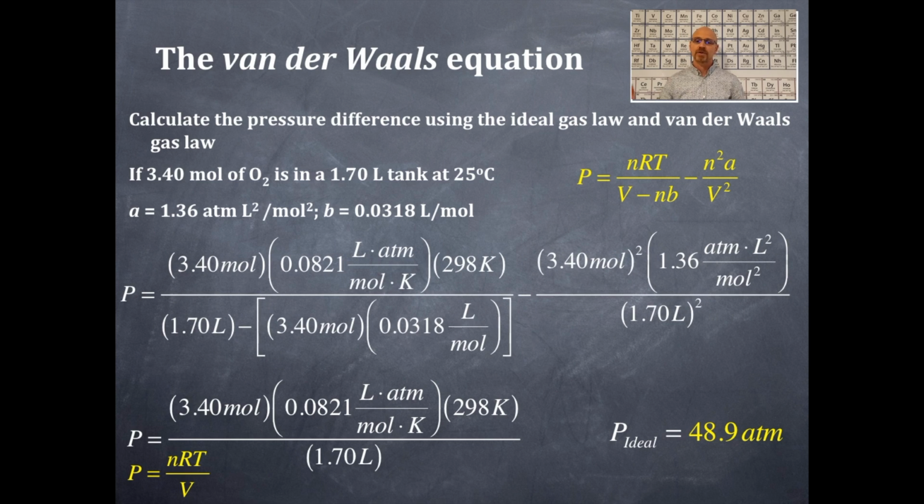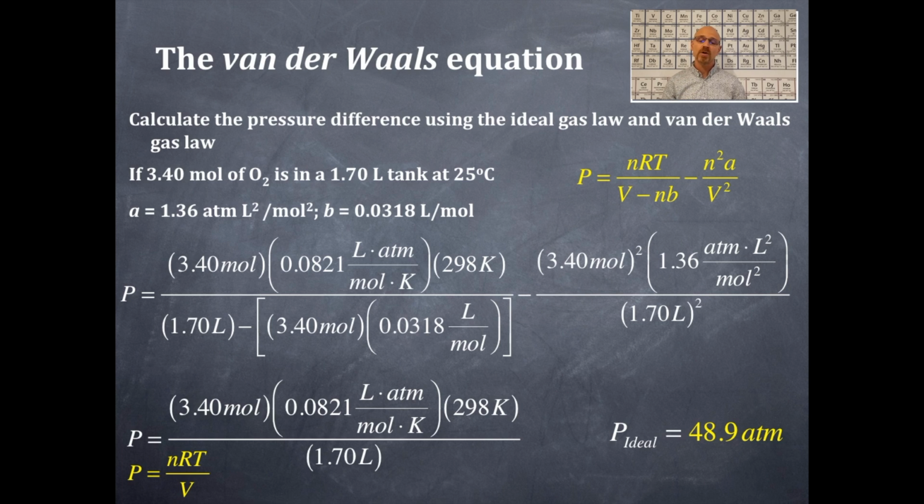On the left-hand side, you should see n, the number of moles, 3.40. I've got the gas constant, 0.0821 liters atmospheres per mole Kelvin, and the 298 temperature in the numerator. In the denominator, I've got the volume, 1.70 liters, minus nb. The n is in there, and the b is in there as well.